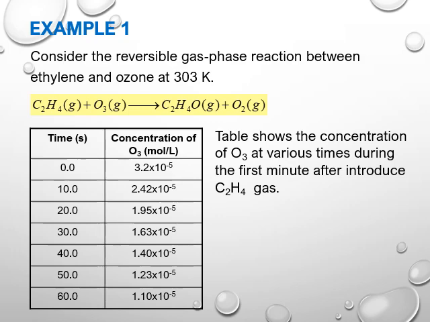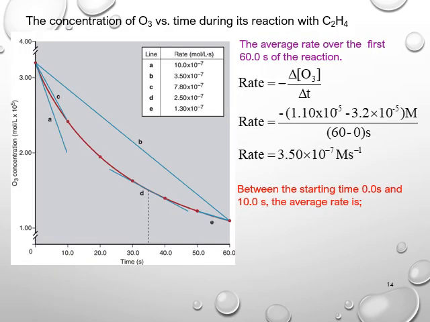I would like you to go through this example where you have a reversible gas phase reaction between ethylene and ozone. You are given a table that shows the concentration of ozone at various times during the first minute after introducing the ethylene gas. This figure shows the graph of concentration of ozone versus time during its reaction with ethylene.